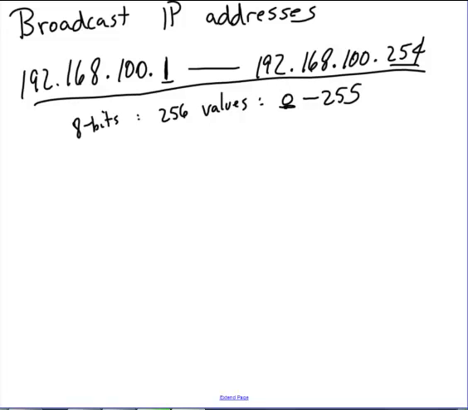We leave out 0 because 192.168.100.0 is the subnet prefix. So we use that to represent the subnet, and so it's reserved for that case. By the way, all this assumes a mask of 255.255.255.0.